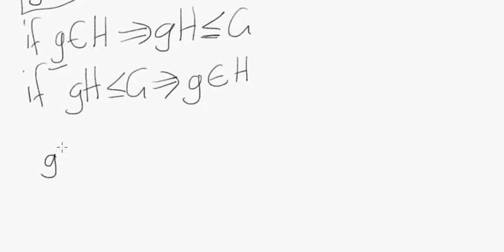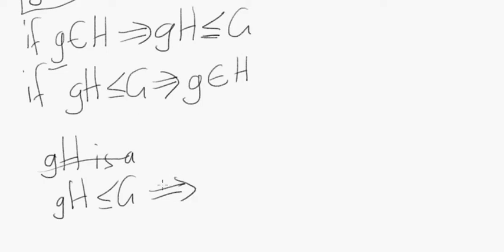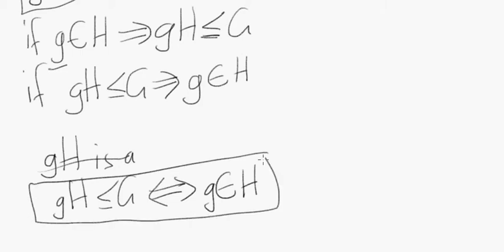We came to the following conclusion: the left coset gH is a subgroup of G if and only if g is an element of H. That was the result we came to.